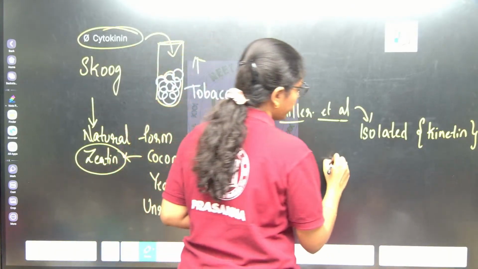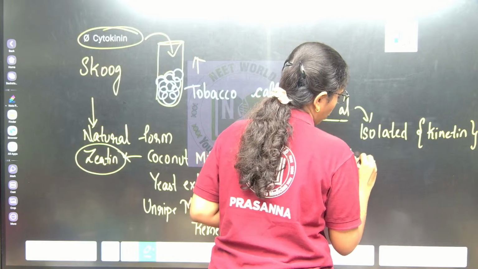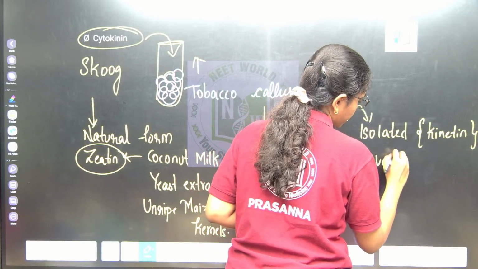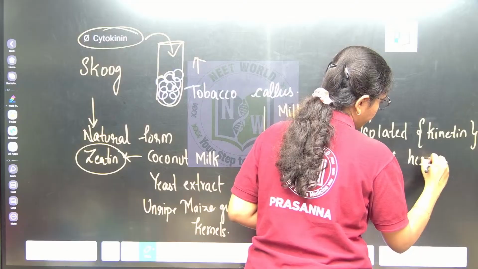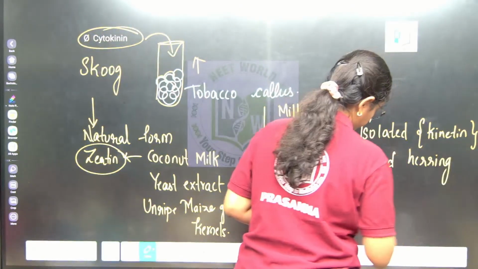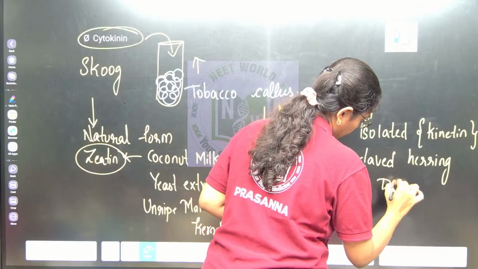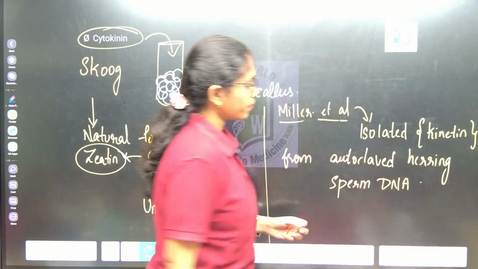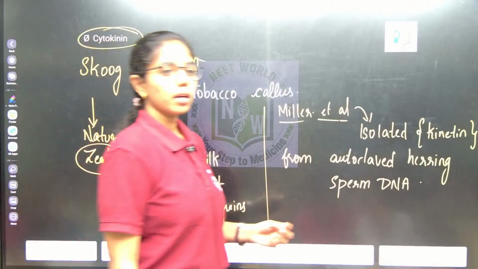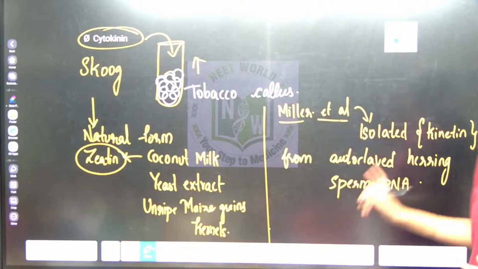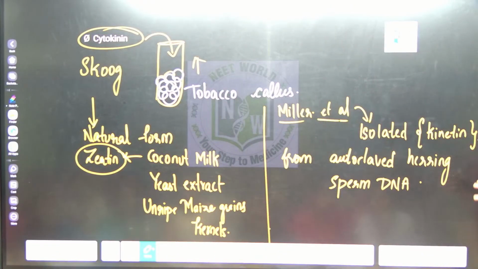From autoclaved herring sperm DNA. Herring sperm is a fish. From its DNA, what is isolated? Synthetic form of cytokinin.